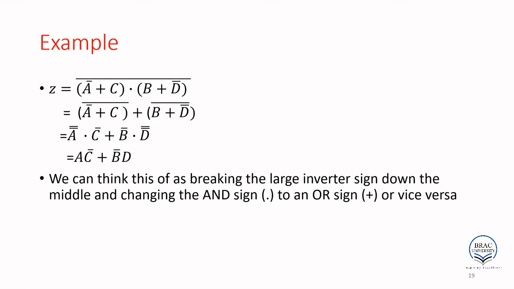A double bar into C prime plus B bar into D double prime. So it becomes A C prime plus B prime D. We can think of this as breaking the large inverter sign down the middle and changing the AND sign to an OR sign, or vice versa.